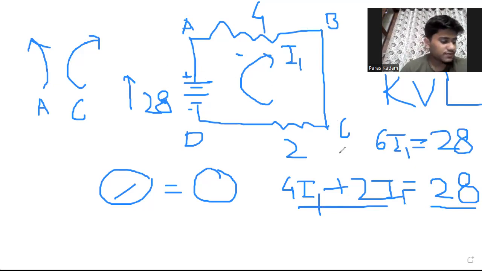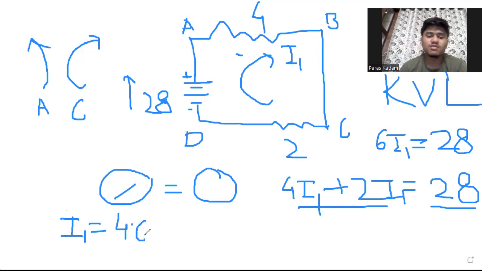After further solving, we get the value of I1, that is 28 upon 6, that is 4.66 amperes.